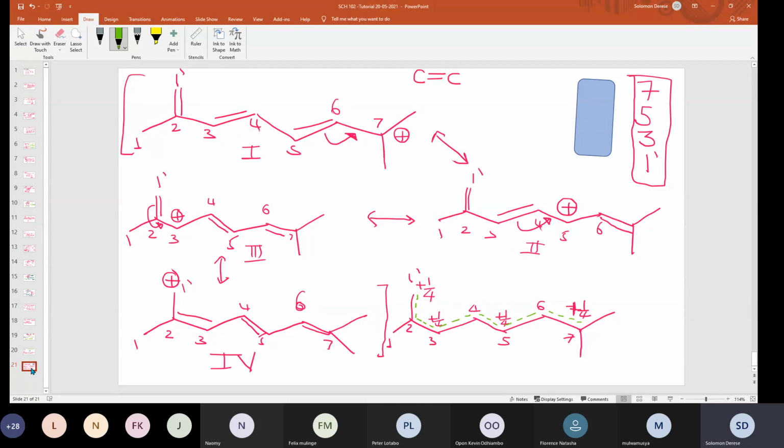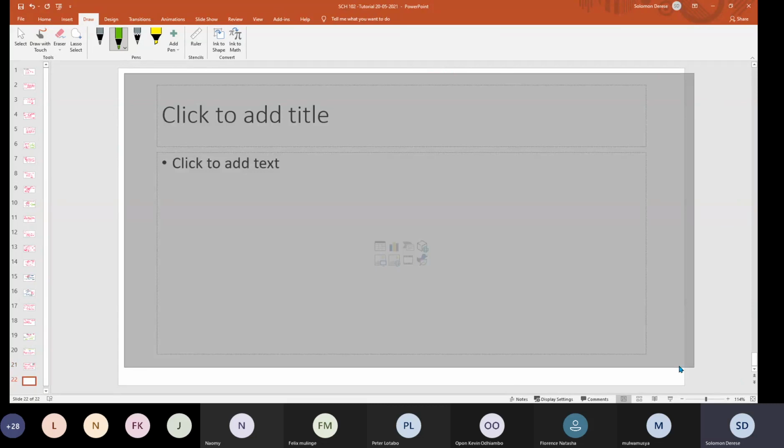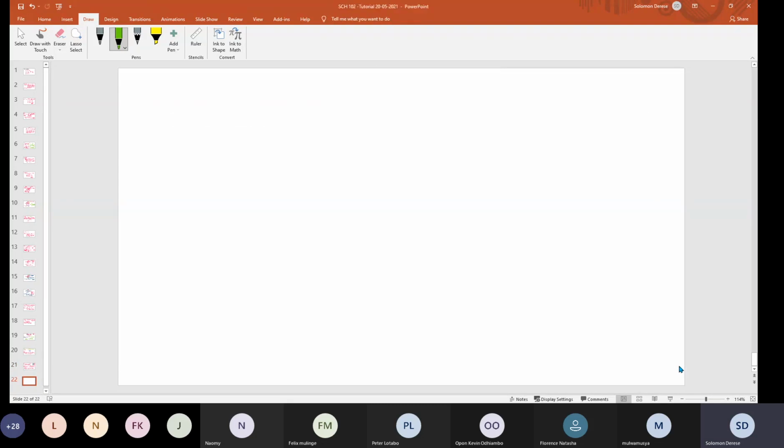Even for you to practice, I will give you this, okay? Just for you to practice. So let me put a positive charge here, double bond and double bond. I want you to draw the resonance structure of this.